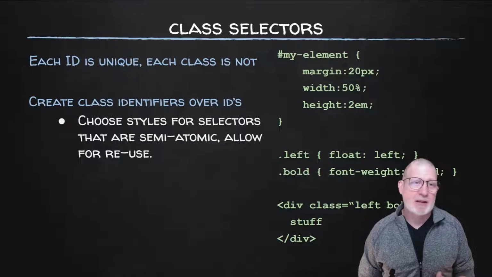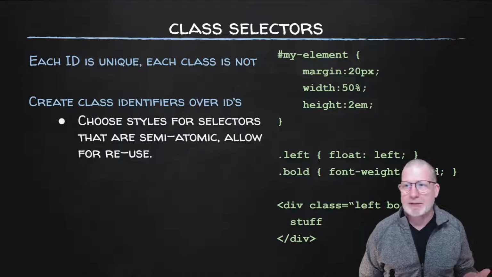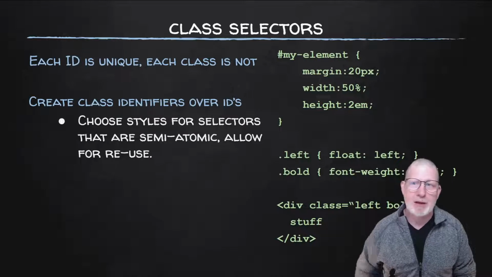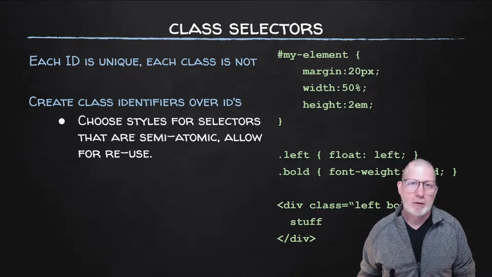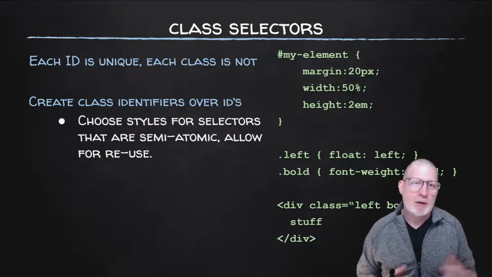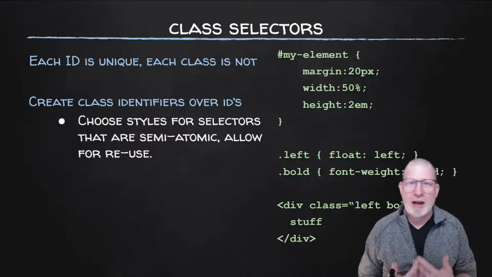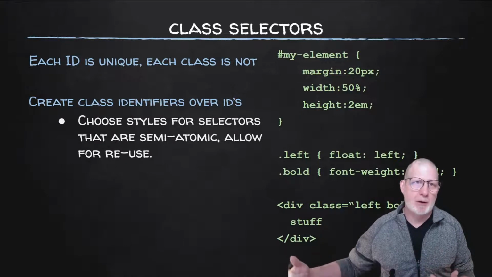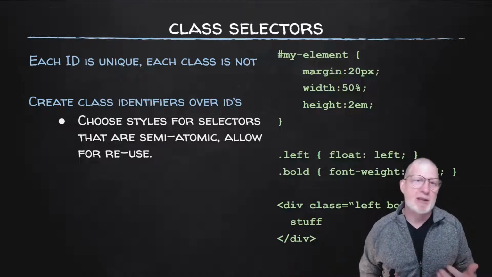The reason I did this is there may not be every element in my page that I want to slide to the left, and there may not be every element in my page I want to make bold. So here I can pick and choose, and I can combine them together. There is no technical limit on how many styles you can apply to a class. There are just reasonable limits.